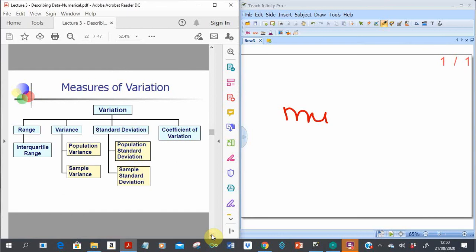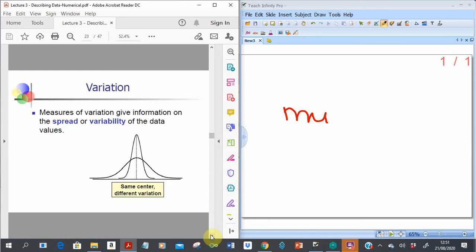So the next thing that we move to now is the measure of variation, and we are still talking about ungrouped data. Measures of variation give information on the spread or variability of the data values.